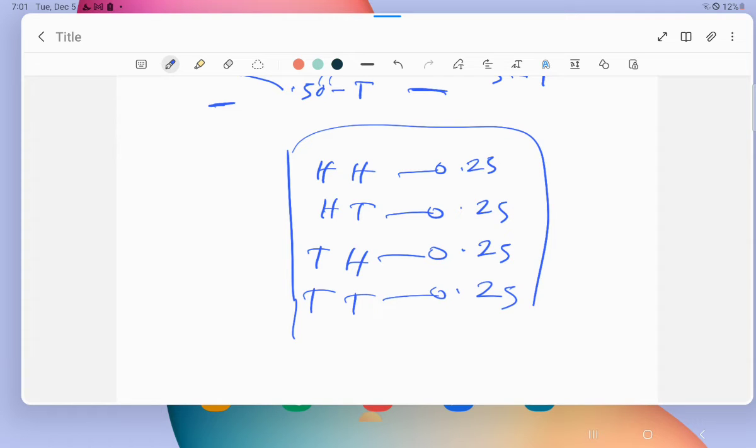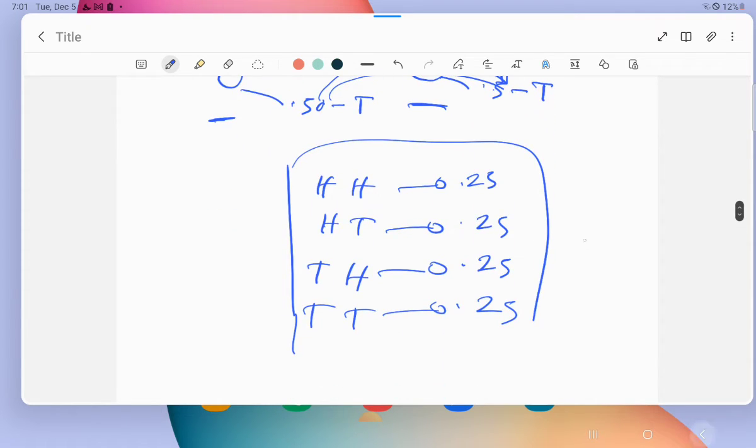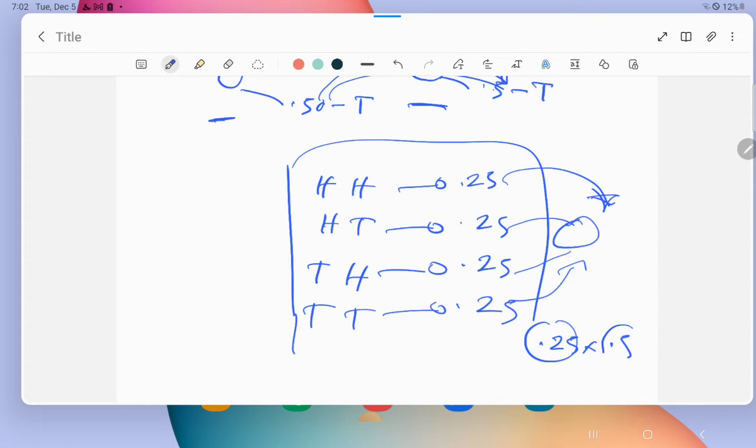If we add another coin, it will be multiplied again: 0.25 times 0.5 gives 0.125. So the combinations increase, heads-heads-heads and so on, up to 8.